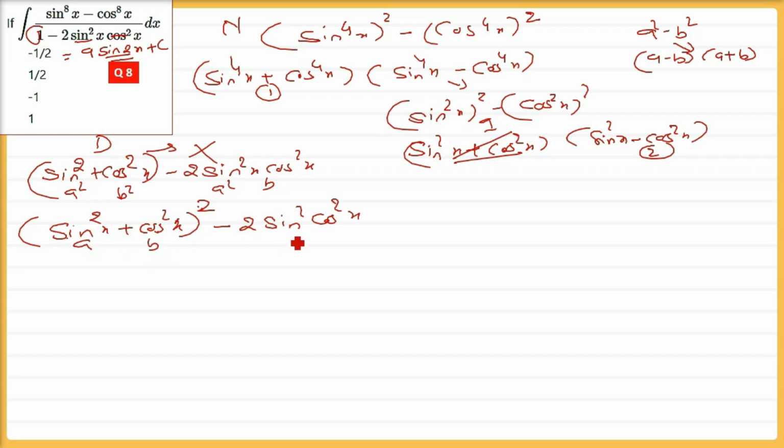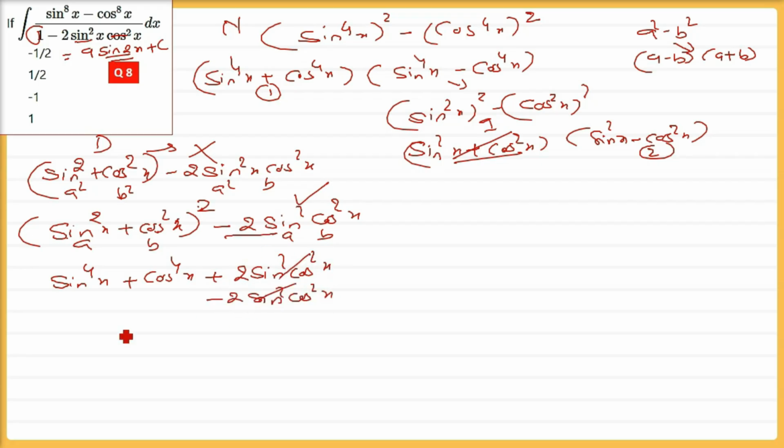Now you can take a and b as sin square x and cos square x respectively. Now let's open this. A plus b whole square is a square plus b square plus 2ab. So sin raise 4x plus cos raise 4x plus 2 sin square x cos square x will come. Then you have this minus 2 sin square x cos square x also. This will get cancelled. So the denominator only sin raise 4x plus cos raise 4x will come.